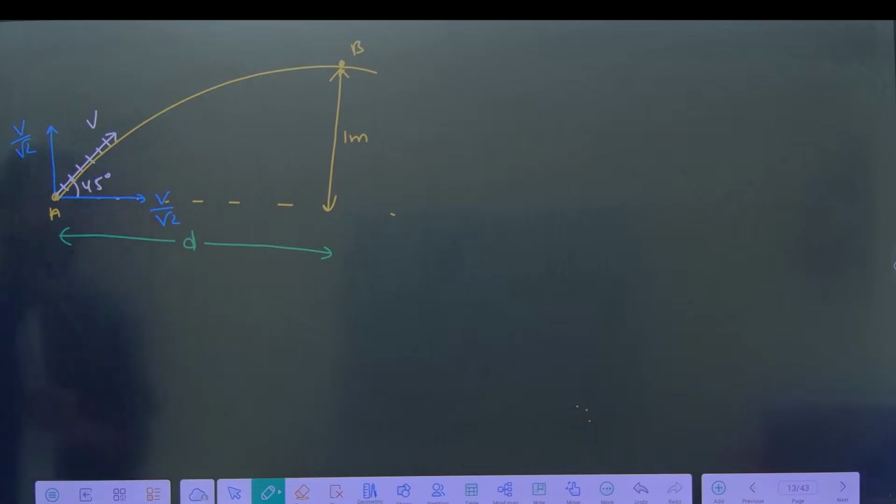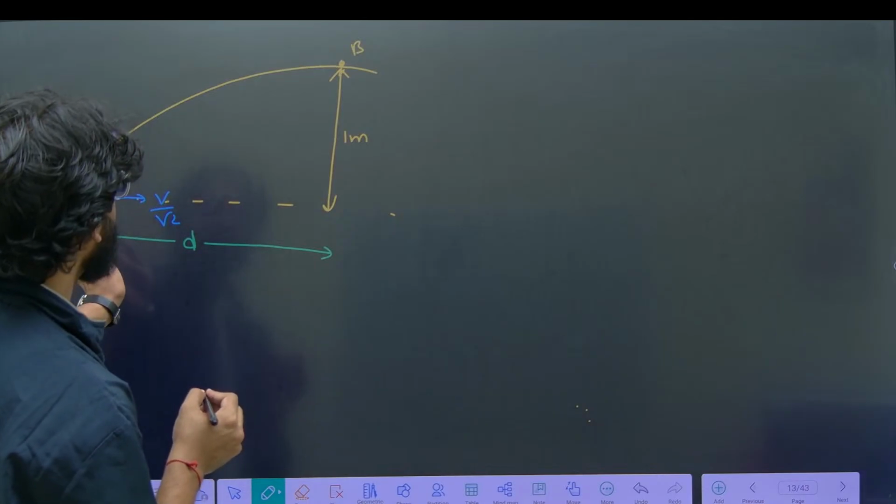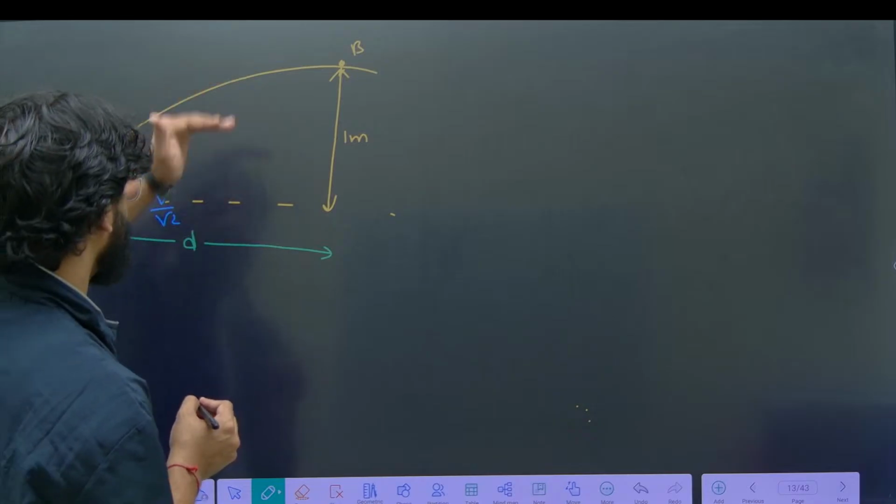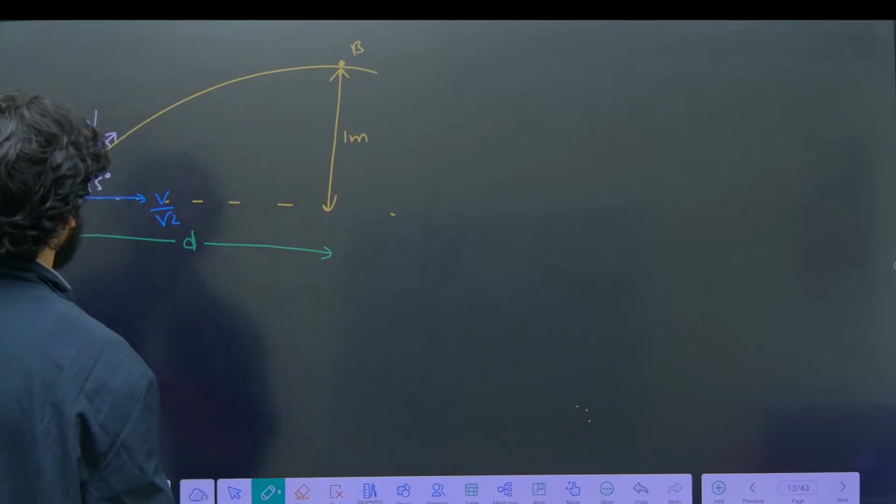We can say that when it is reaching D, it is at the highest point. So let's calculate time from here.